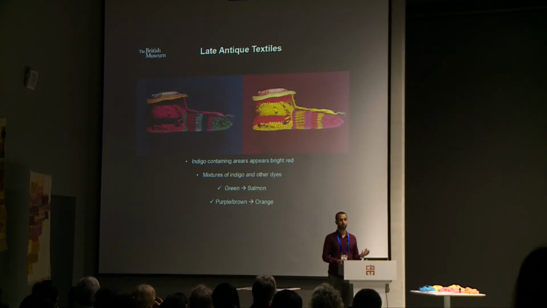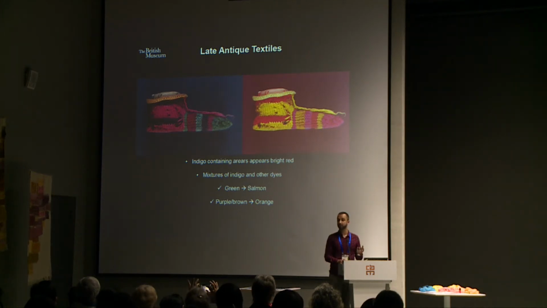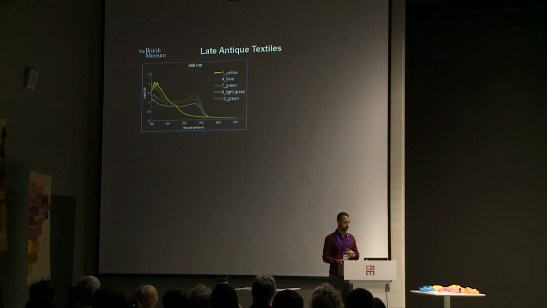So all the purple stripes were actually orange in the false color images, whereas when it was mixed with a yellow, it was appearing pink. And so all the mixture between indigo and yellow were pink in the false colors image. And so this was already an indication that indigo was present in all these mixed colors.